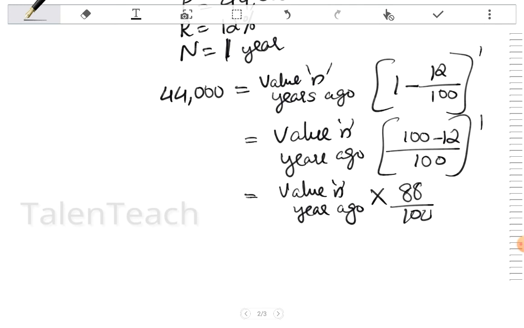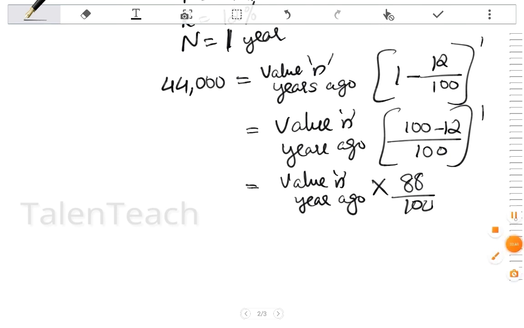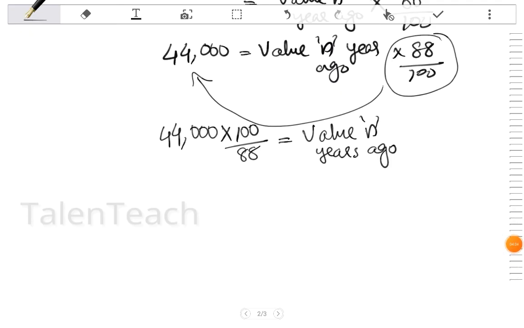So next here we want to find the value n years ago. To find the value n years ago, this into 88 by 100 we have to transpose to the other side. So when you transpose it to the other side, it will be its reciprocal. So we will get 44,000 into 88 by 100, reciprocal will be 100 by 88, is equal to value n years ago.